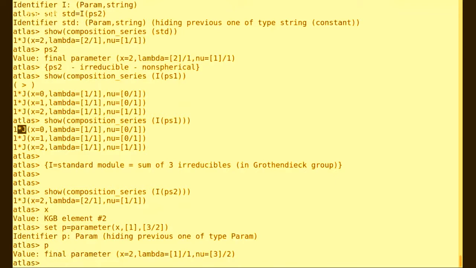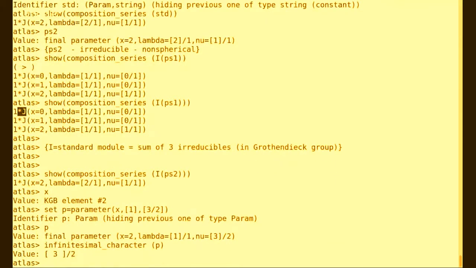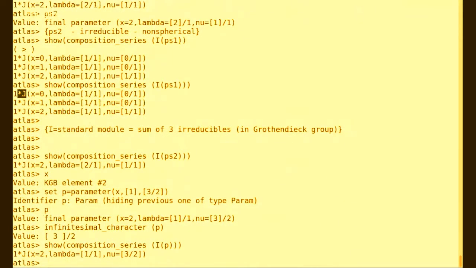So this is a parameter for a principal series with infinitesimal character 3/2. If you look at the composition series of it, you see that, of course, it's irreducible. The infinitesimal character is non-integral, and so it's necessarily irreducible. So there's a whole family of principal series.